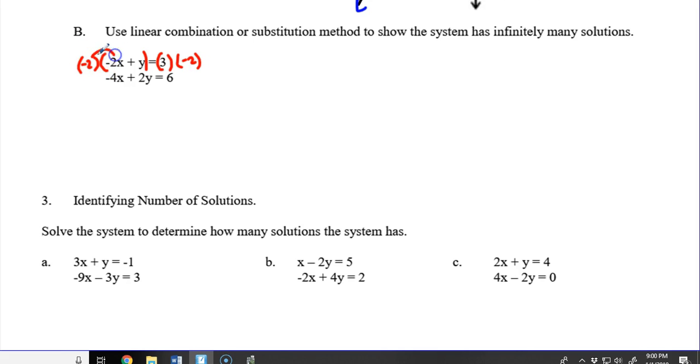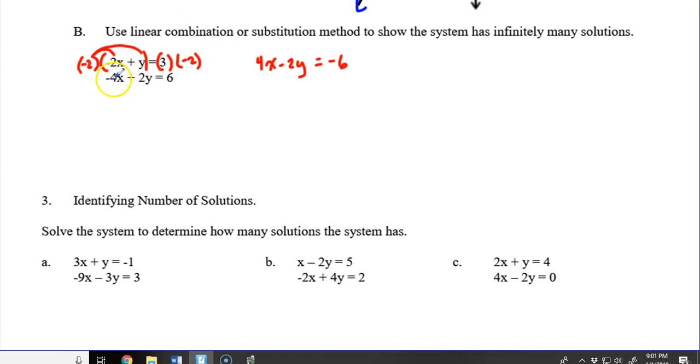Okay, so I'll distribute a -2 to the left side because I want the x's to have opposite coefficients. I want to have a positive 4x and a negative 4x. So I've got a positive 4x when I distribute here and a -2y. Over on the right side, I've got -6.